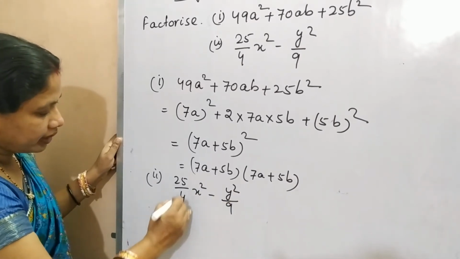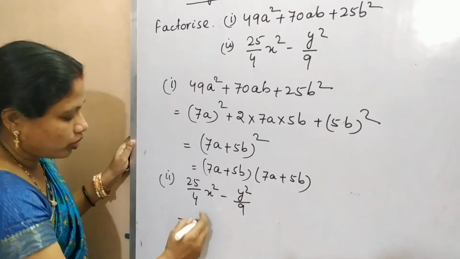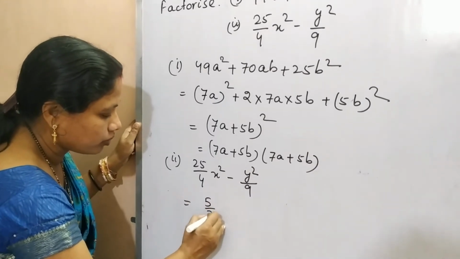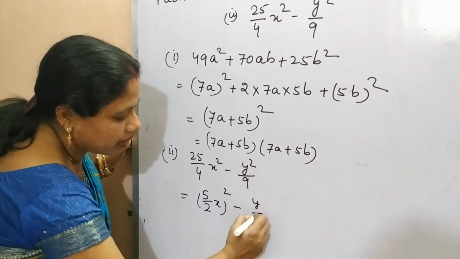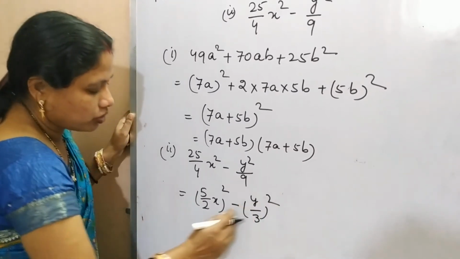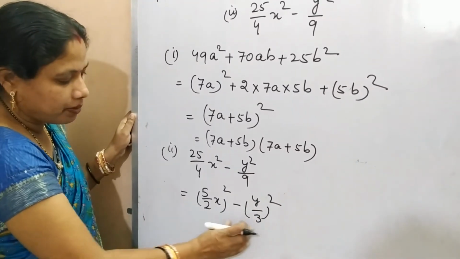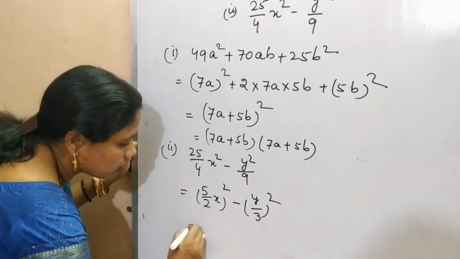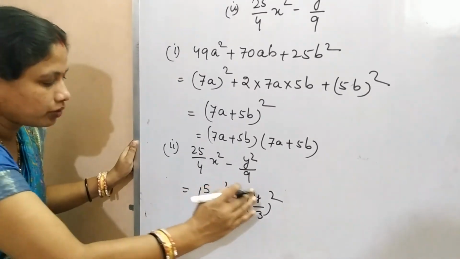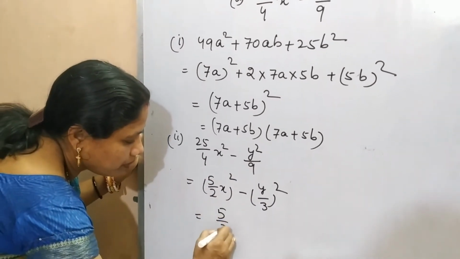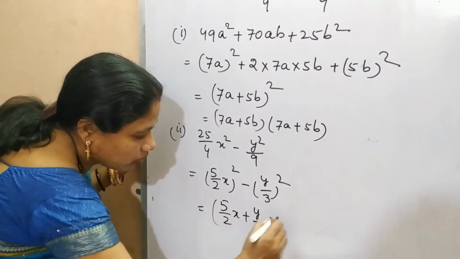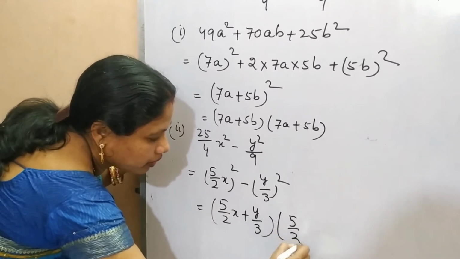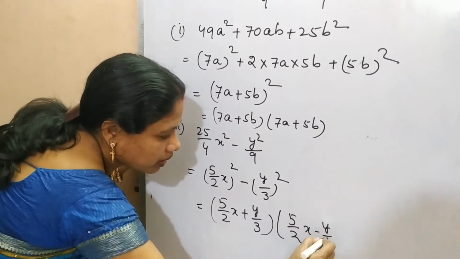We can write it as (5/2 x)² − (y/3)². So this is in the form of a² − b². So this is equal to (a + b)(a − b). So (5/2 x + y/3)(5/2 x − y/3).